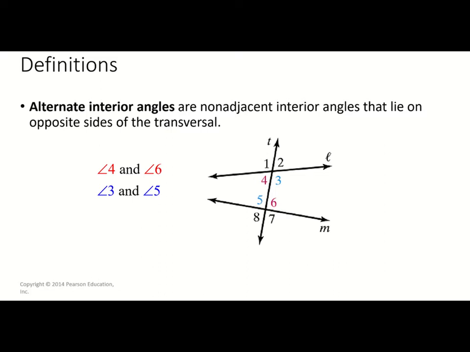So when I think alternate, I think they jump over the transversal. Interior means they have to be on the inside. So for instance, angle 3 and angle 5 would be an alternate interior pair. And then also angle 4 and angle 6 would be another pair of alternate interior angles.